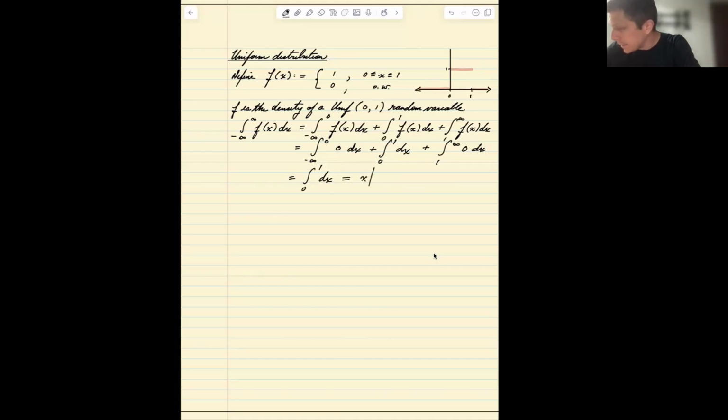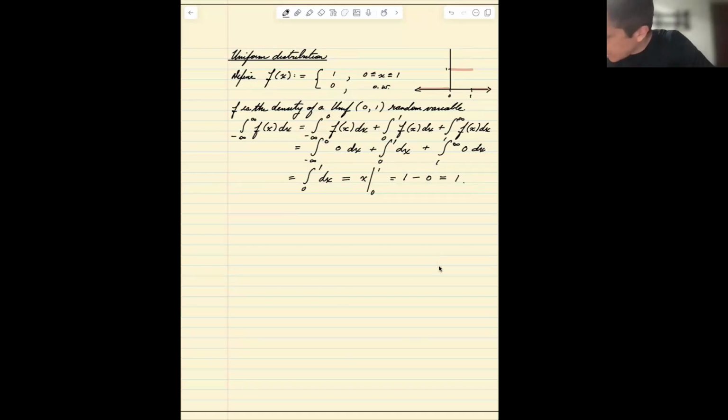The antiderivative is x, so we get x with limits of integration 1 and 0, which is just 1. Now I realize that integrating the constant function from 0 to 1 does not generally require that much work, but I want to show how the mechanics of the definition of the density function come into play here.